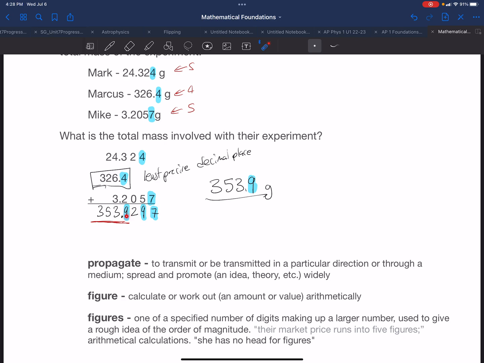It's this 9 we're unsure of. So in keeping with the definition of a scientific measurement, the rightmost digit is where the uncertainty lies. And now, since this is a calculation not depending on just one measuring instrument, this indicates the decimal place increment of the least precise device.